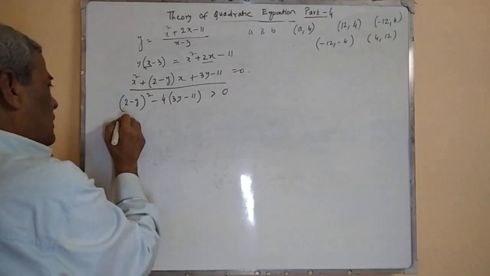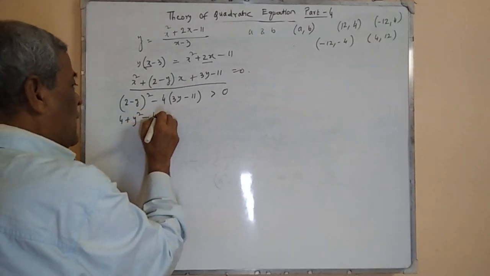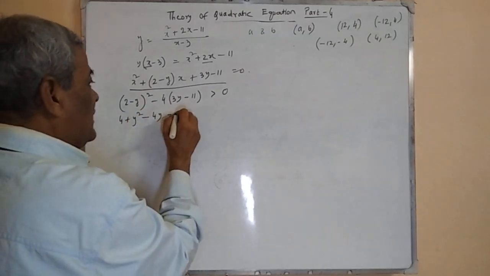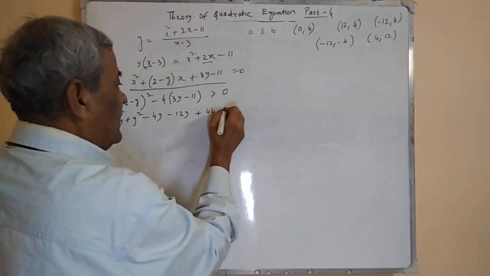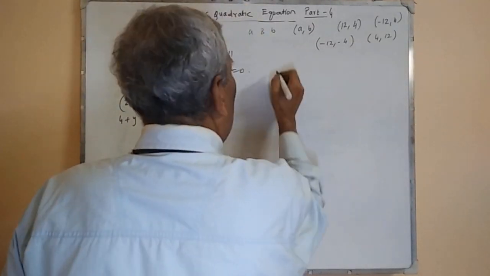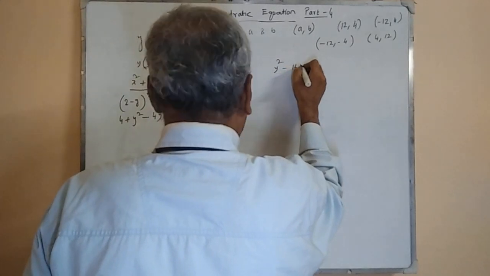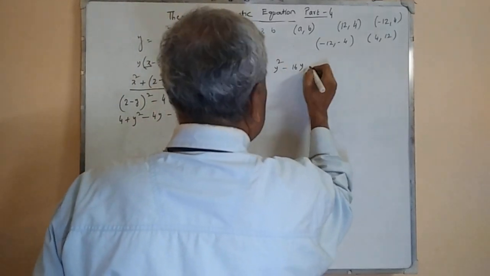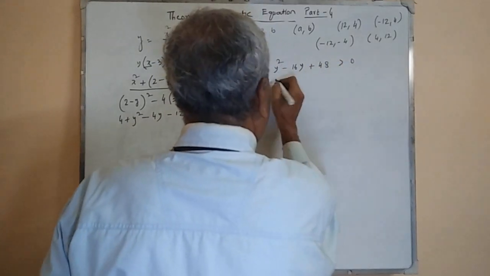That is 4 plus y square minus 4y minus 12y plus 44 is greater than 0. That is y square minus 16y plus 48 is greater than 0.